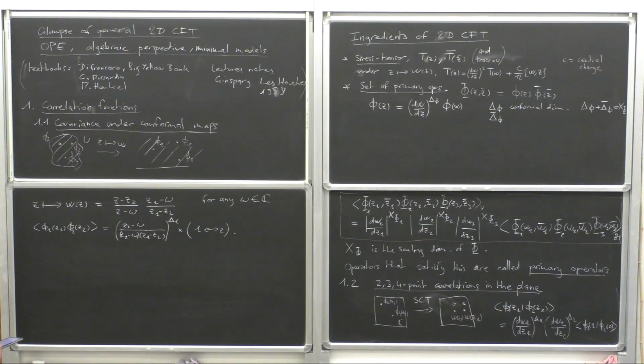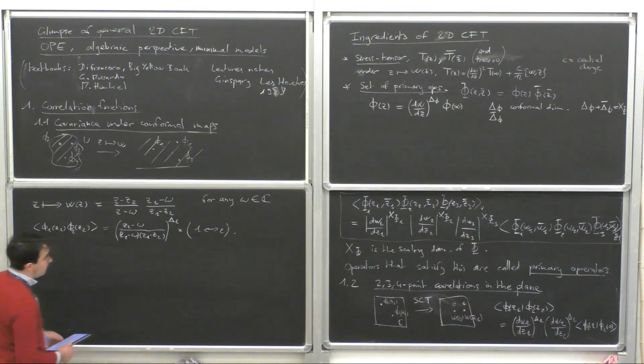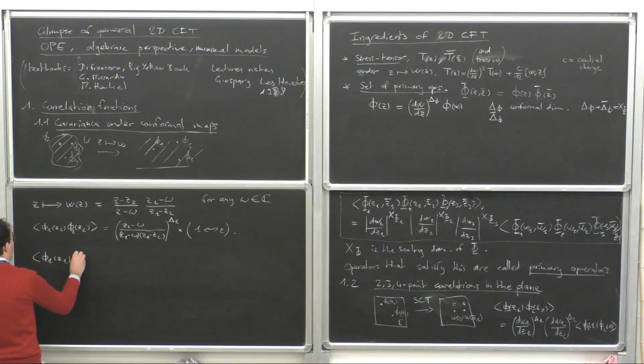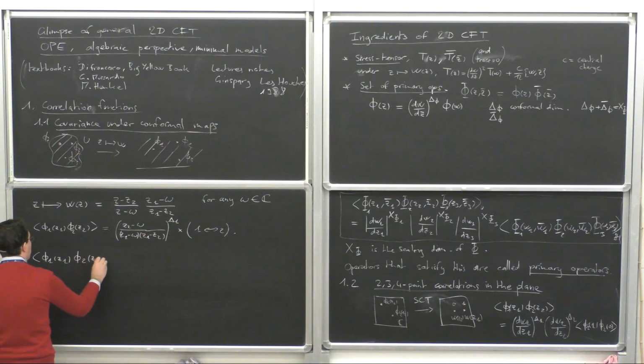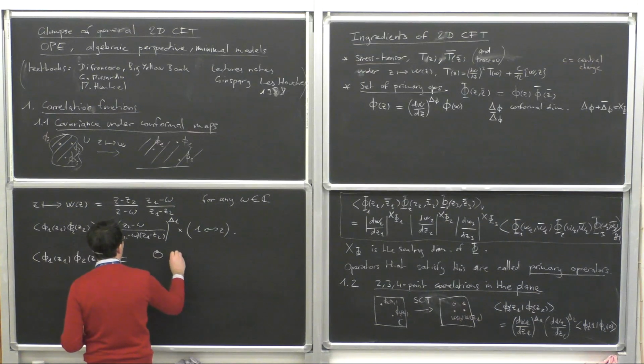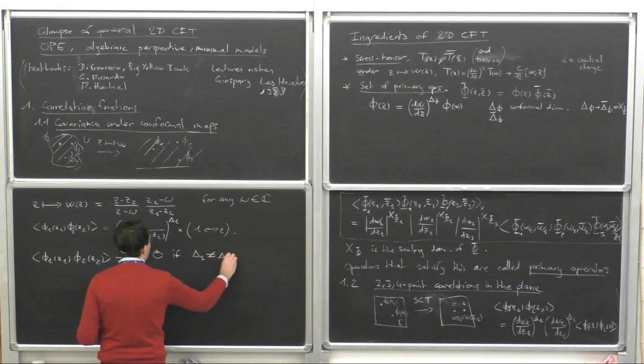Okay, so we see that this cannot depend on omega. So how is it possible that it does not depend on omega? The only possibility is that this is 0 if delta 1 is not equal to delta 2.